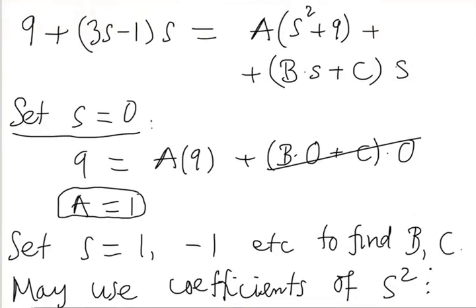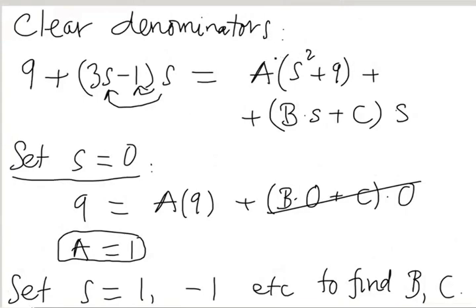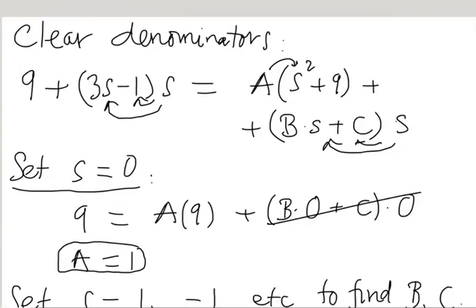of, say, s squared to make the calculation easier. If we use the coefficient of s squared, then we need to distribute. And as I said earlier, we are just pretending we're distributing. How many s squared do we have on the left side? We have 3s squared. And on the right side, to do it carefully, we distribute: we have a s squared, and then right here b s squared. And that's all, right?